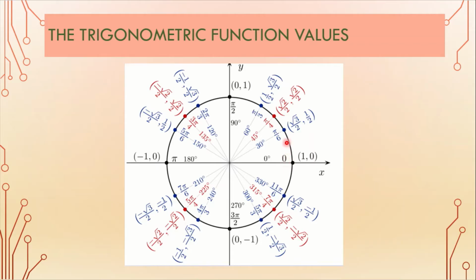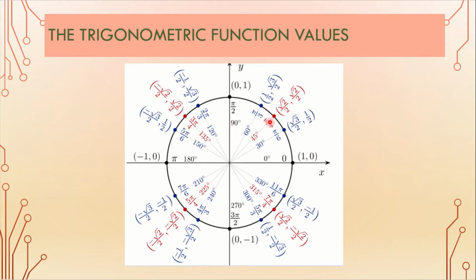Okay, and then if you draw a horizontal line joining this point and the y-axis, you will notice that the value is 1/2 along the y-axis, and that is actually equal to the sine value of the degree. Sine 30 is equal to 1/2.